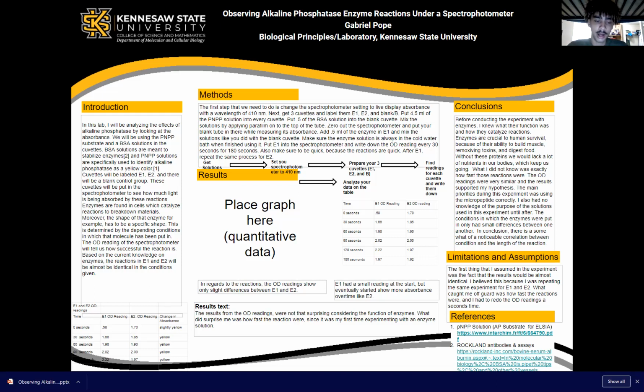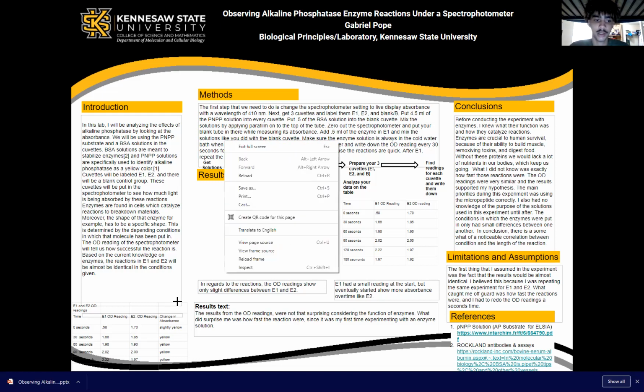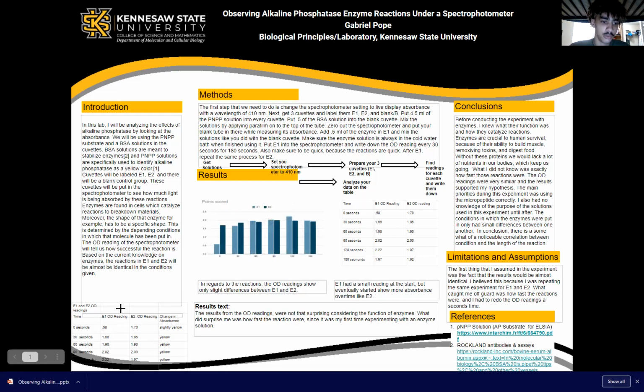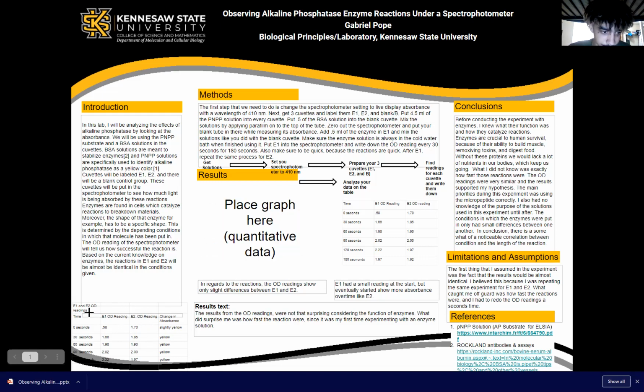I hypothesized that the reactions in E1 and E2 will be almost, if not entirely, identical with the conditions that they are put in. So right here we have our E1, our figure legends.